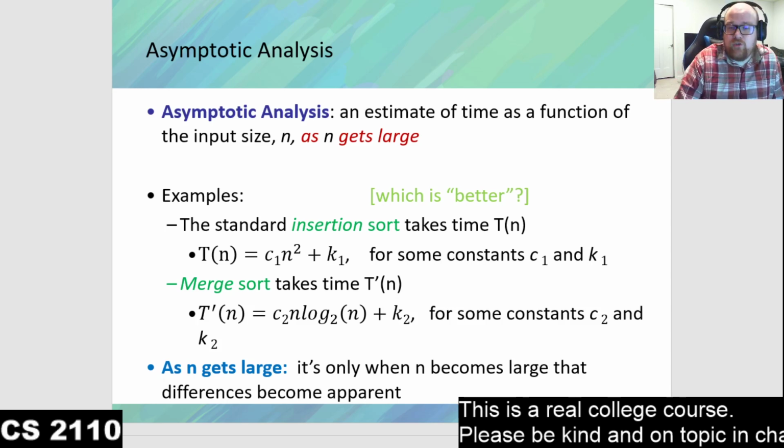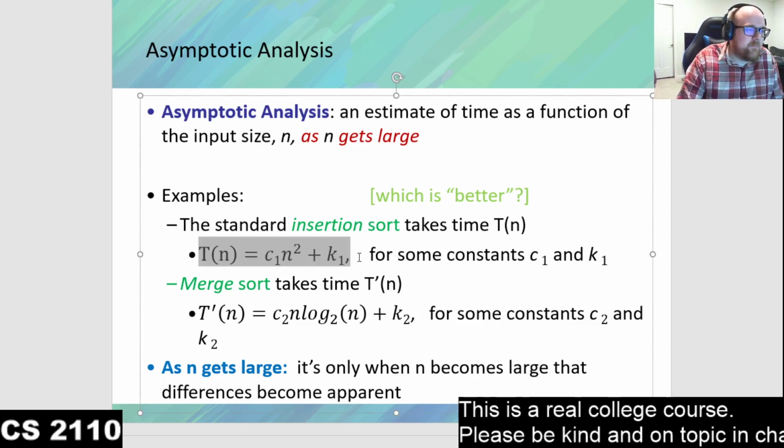An insertion sort, which is similar in runtime to a selection sort, has a number of steps proportional to n squared. What this means, again, is that if I double the size of my input, it will quadruple the runtime. Think of it in that context. As n gets large, these differences become apparent.